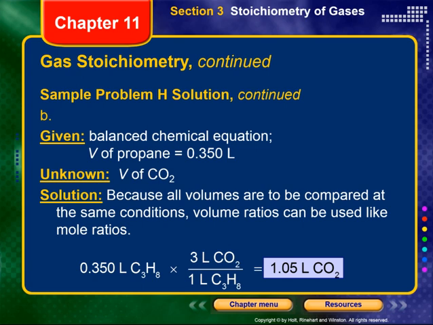I have my 0.350 liters of propane multiplied by a conversion factor, which is 3 liters of CO2 to 1 liter of propane, right? Because the volume of CO2 to propane is 3 to 1. Again, based on the balanced chemical equation, the final answer is 1.05 liters of CO2.